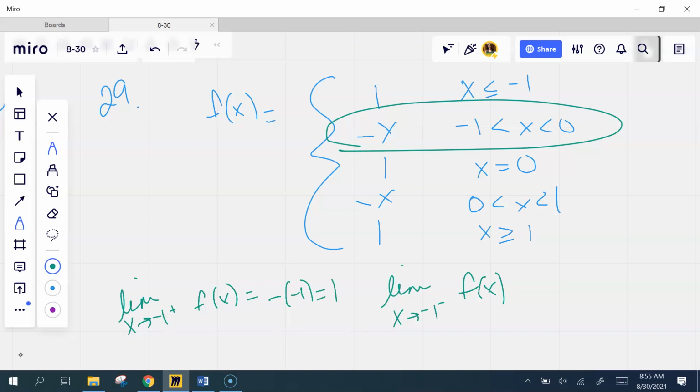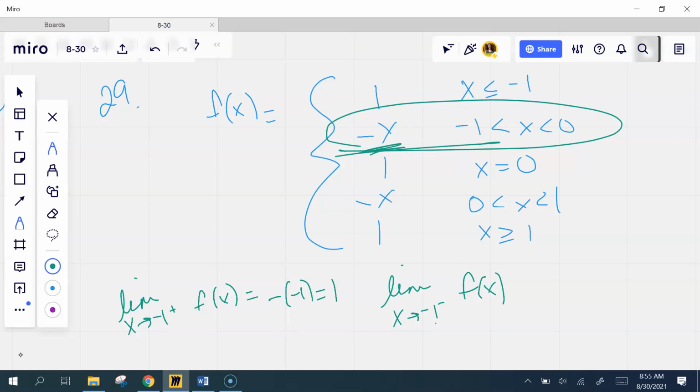Yes? So -x, which would be -1, which would be 1. Is that what they got? I don't have the answers to this one. How do you do it? -1 from the right, so that's bigger than -1. So that's here. So now negative 1 from the left. This is just telling me which equation to use.